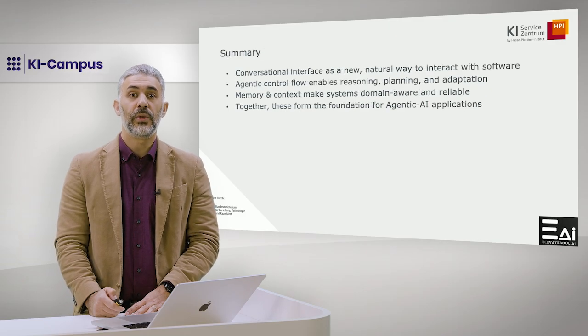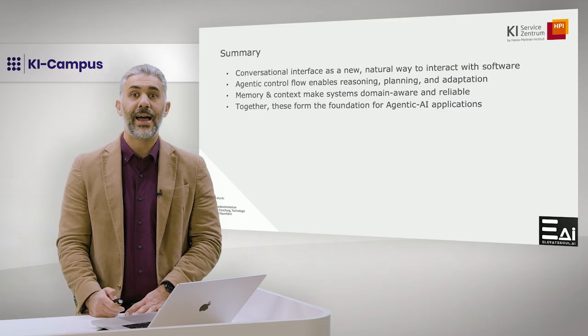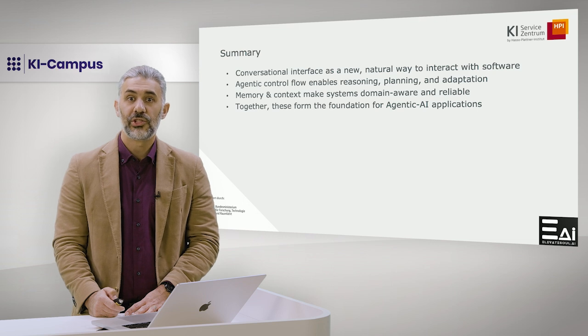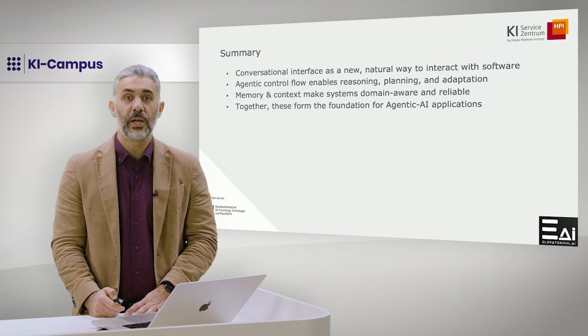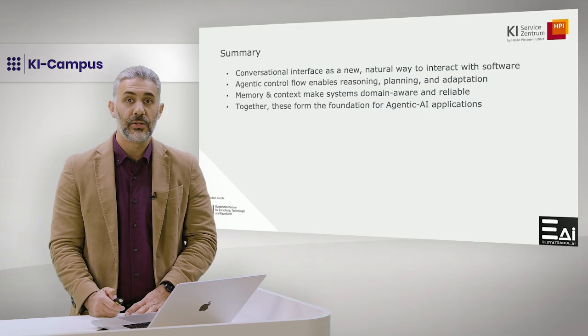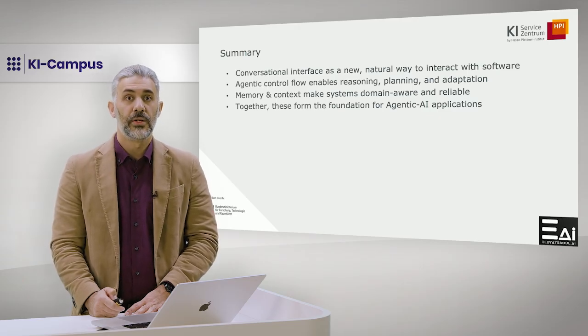In summary, we introduced 3 architectural pillars that make agentic AI practical, useful, and powerful. First, the conversational interface. It's a natural way of interacting with software, not by clicking menus or learning commands, but simply by expressing what we want. Second, agentic control flow.